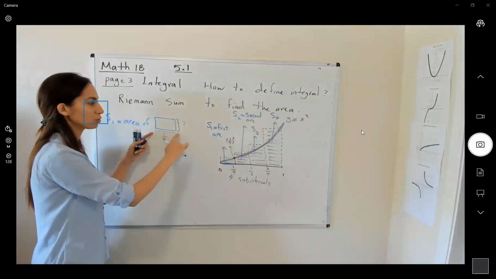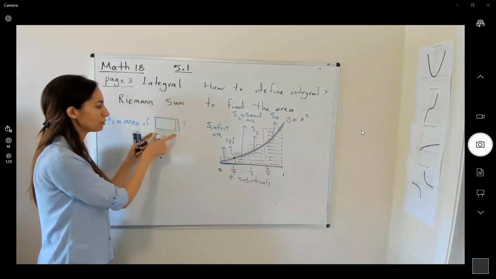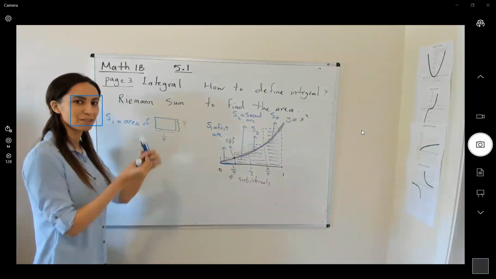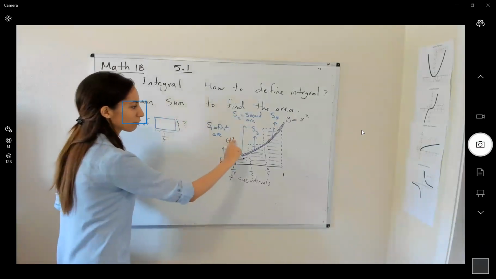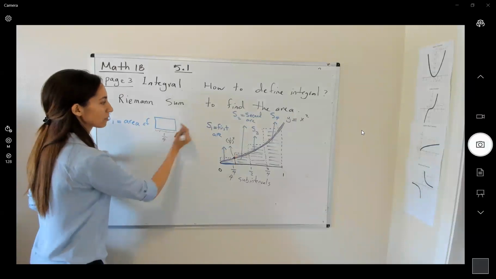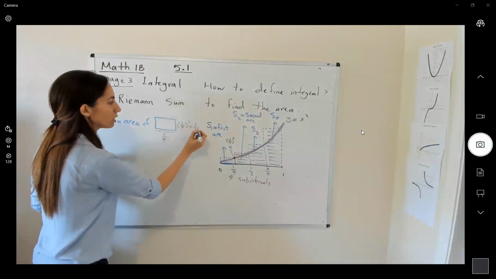So 0 to 1/4 gives you the line segment measurement, which is 1/4. To find this side here, we use our function y equals x squared, and this is 1/4 squared, which is 1/16.